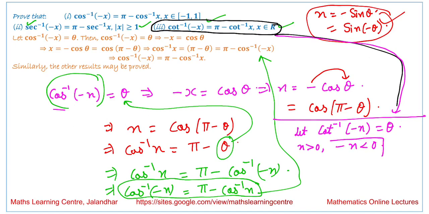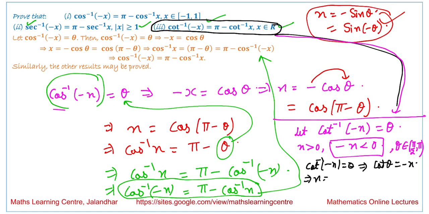If minus x is less than 0, it means the value of theta will belong to the interval pi by 2 to pi. Now, if I write cot inverse of minus x is equal to theta, this implies cot of theta is equal to minus x. This implies x is equal to minus cot of theta.